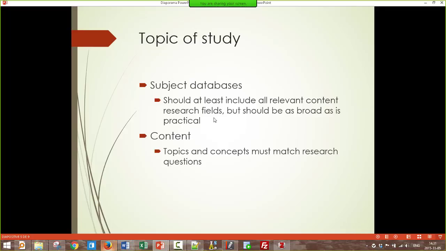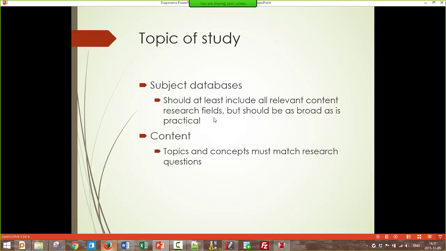But information systems, because it's related to IT, has a lot in common with computer science. And so there's a lot of research that I would be interested in that is related to computer science. And that might not be in EBSCO. So there's another database, the ACM Digital Library, that has almost all computer science journals linked there. And so I would need to search in EBSCO and also in the ACM Digital Library.